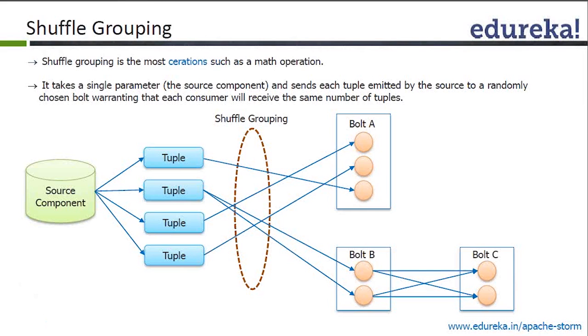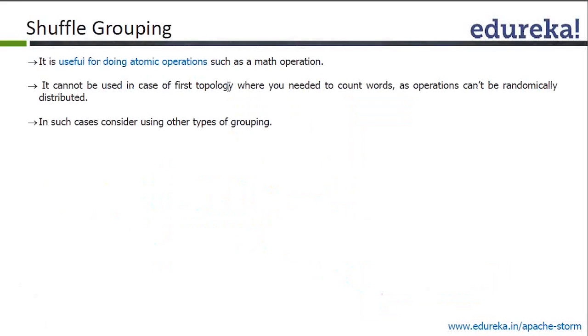That exactly is the point of the use case. So shuffle grouping is useful only to do atomic operations. When I say atomic operations, you got a tuple delivered to one specific instance of a bolt.